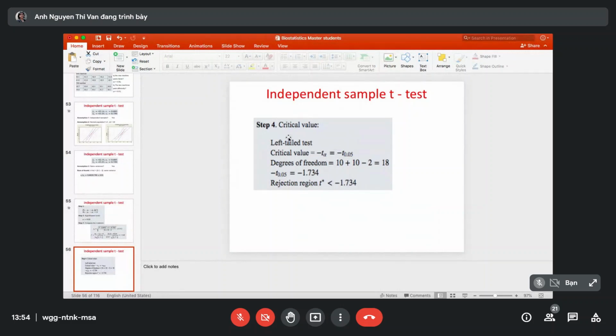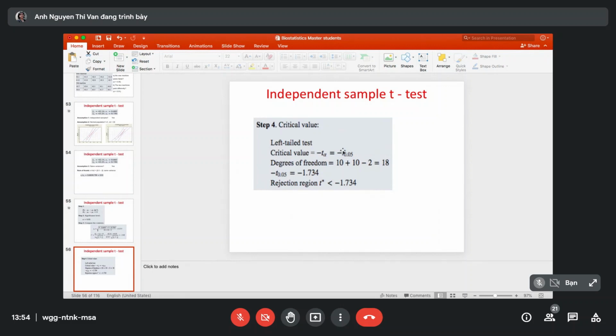So step 4 is to find out the critical value. This is also really important. To find out the critical value, you need to know it's one tail or two tail. And this one is one tail. If it is a one tail test, you need to know it is the left or the right tail.